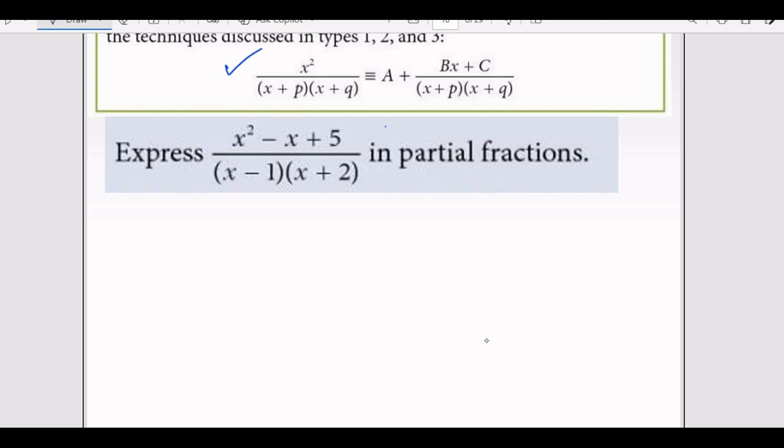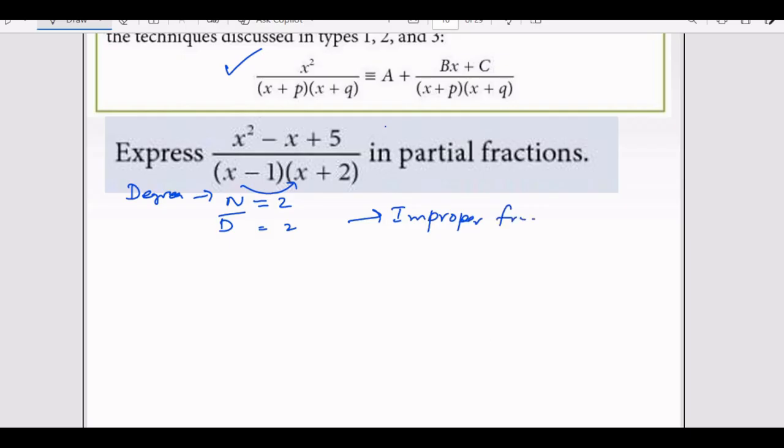Look at the degree: the degree of the numerator is 2 and the degree of the denominator is also 2, since x times x gives degree 2. So this is an improper fraction, right? For an improper fraction, either you divide or you can use it directly.